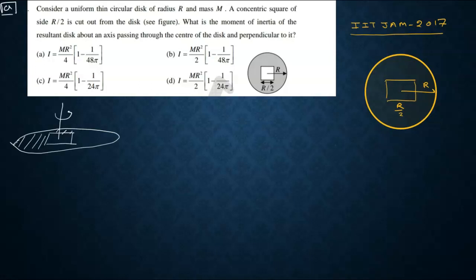Now I want to find the resultant moment of inertia after we have cut out the square lamina, right? So we can divide this into two parts, that is the initial disk of radius r and the square lamina which we have cut out of side length r by 2, right?